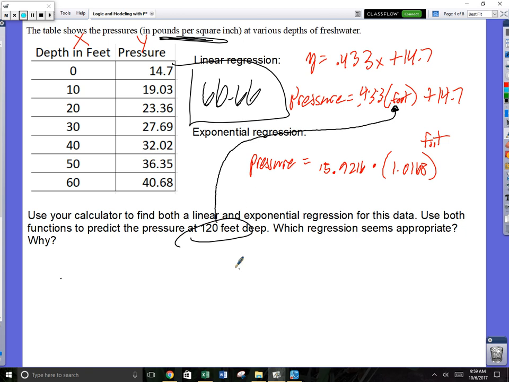Okay, the exponential, I'm going to take that 120 and plug it in there as an exponent. So 15.9216 times 1.0168 raised to the 120.